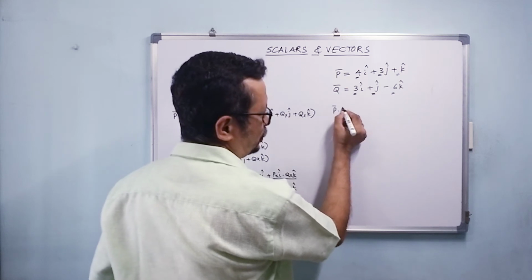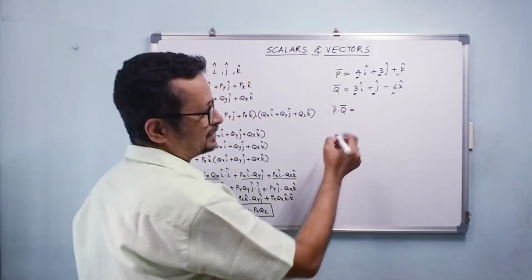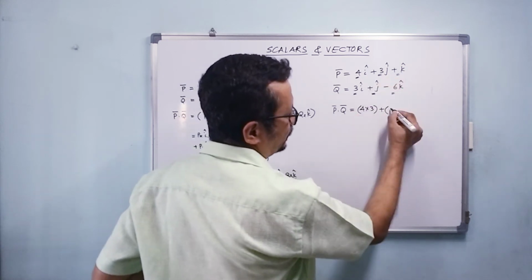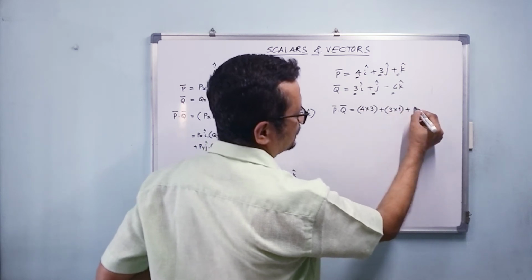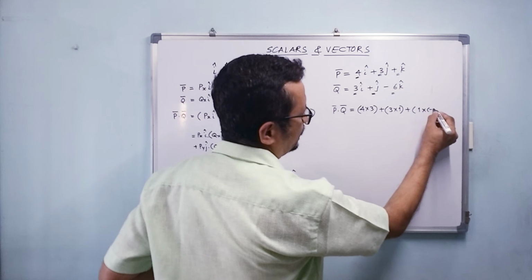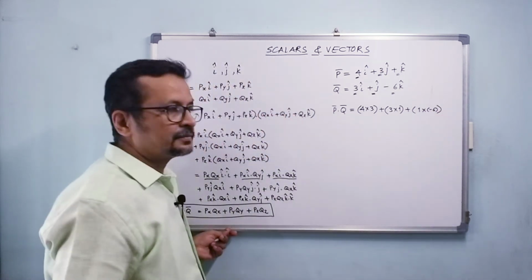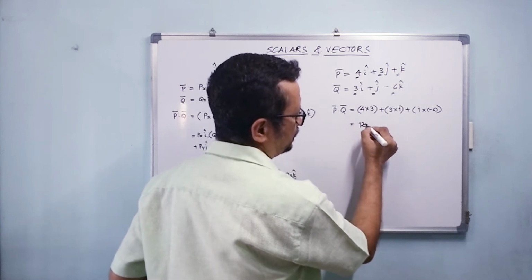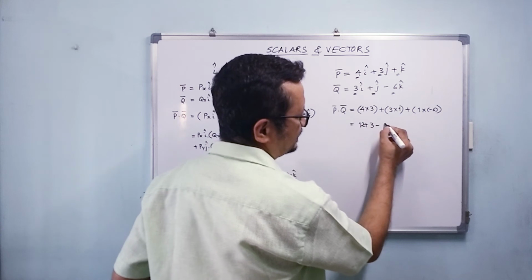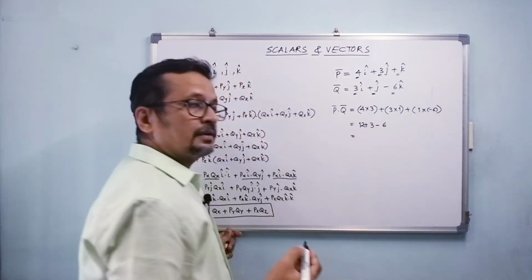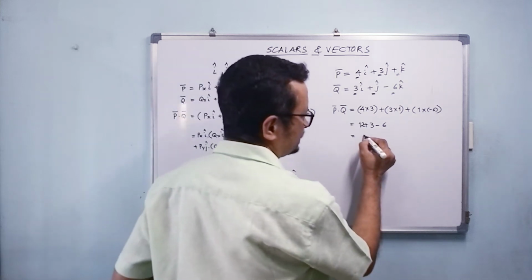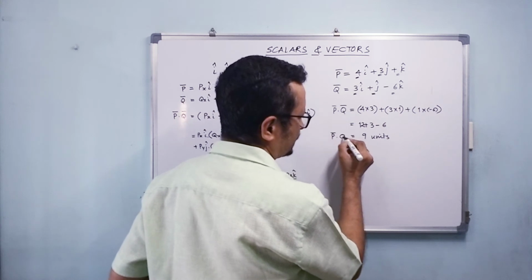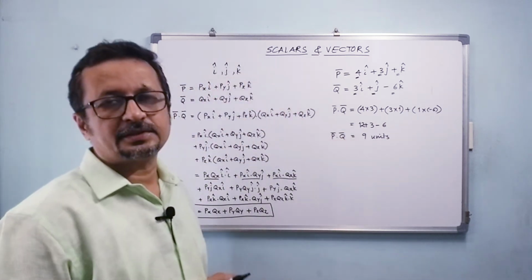So p bar dot q bar I can very easily write down as 4 into 3 plus 3 into 1 plus 1 into minus 6, correct. So that gives me 12 plus 3 minus 6. So it is 15 minus 6 and that is 9 units, correct. So p bar dot q bar would be equal to 9 units here.